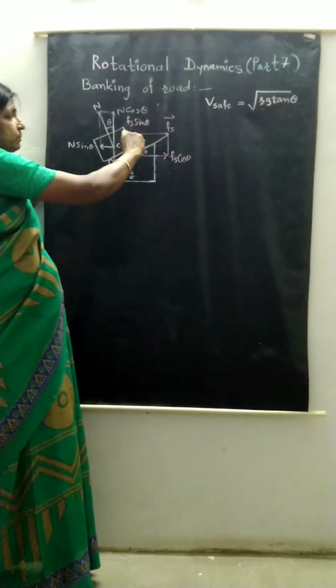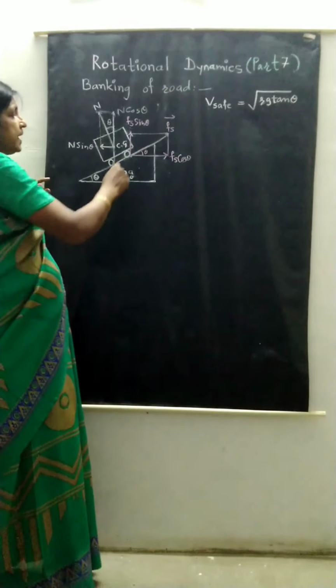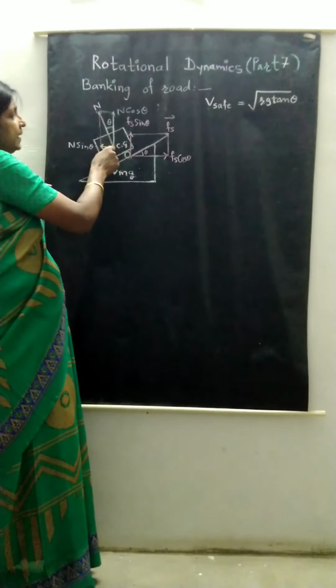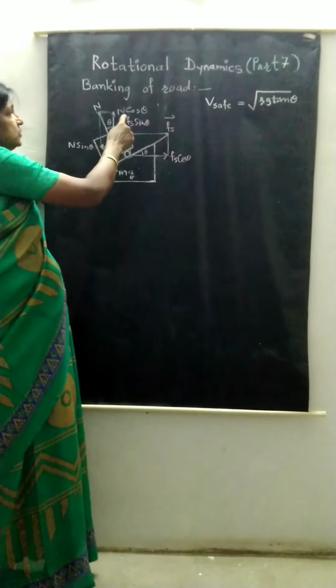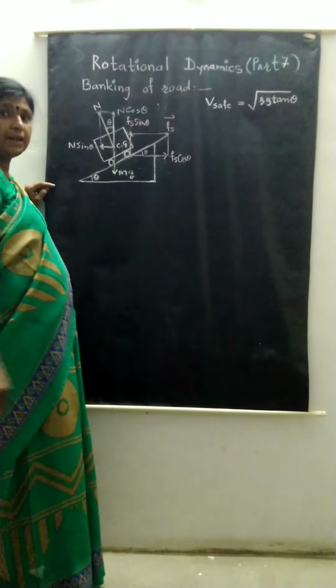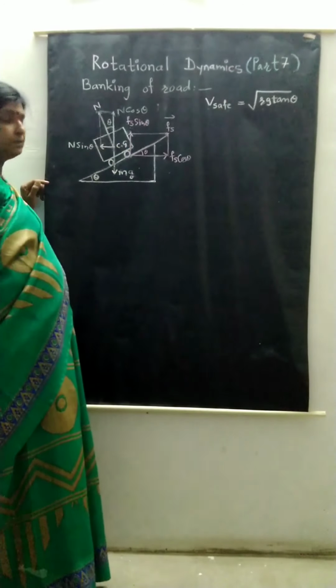I can shift this vector parallel to itself, meaning I can keep the starting point of this vector at the center of gravity. So these two vectors N cos theta and Fs sin theta will add together and they will now balance mg.